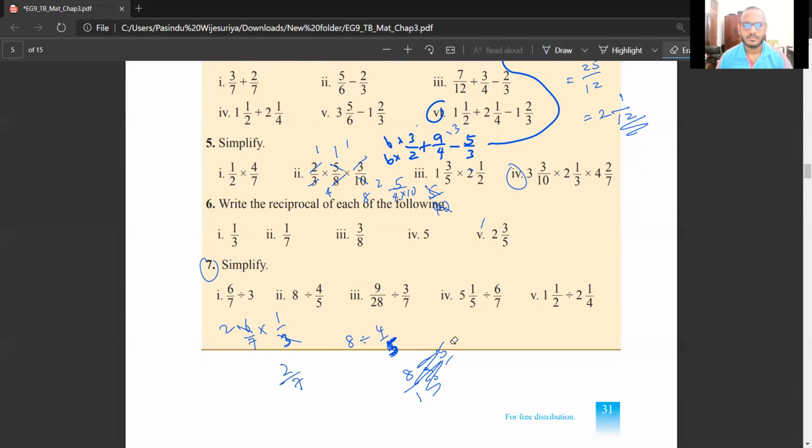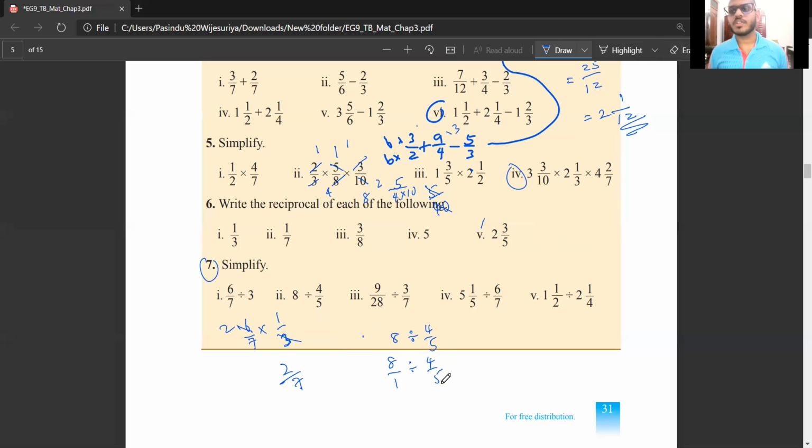I'm hoping that my handwriting on the slide is clear to you all. If it's not, I'm terribly sorry. 8 divided by 4 over 5. So here 8 is 8 over 1 divided by 4 over 5.